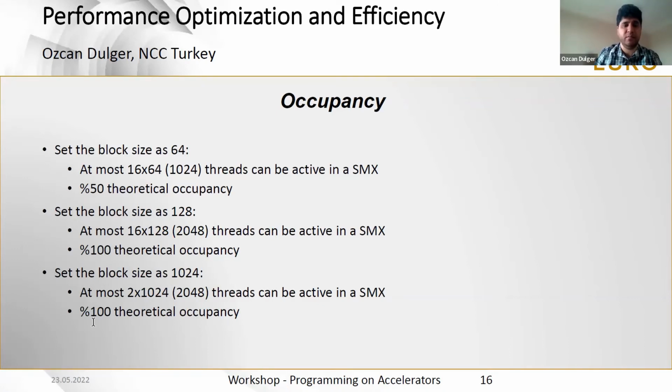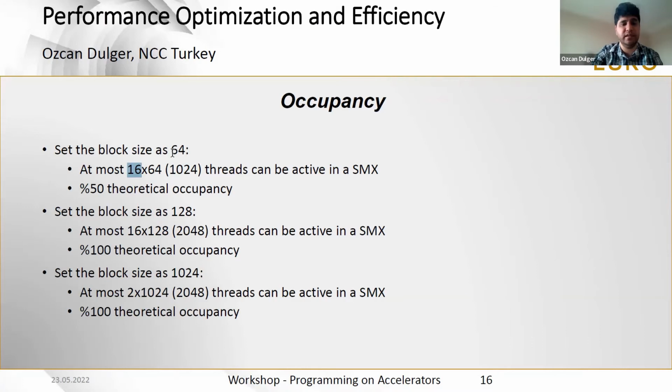If you set the number of threads in a block to 64, at most 1024 threads can be active in a streaming multiprocessor. Why? Because of the limitations of the hardware, at most 16 blocks can be active.